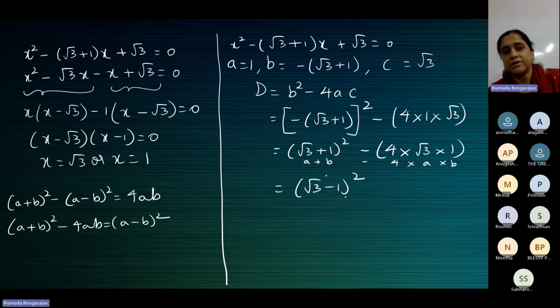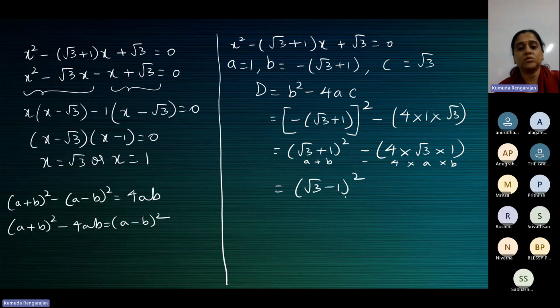You will not be able to get this if you expand it. If you expand it, you will get two terms, some root 3 term and one constant, which will not be a perfect square. You remind me, I'll tell you next class what you should do.